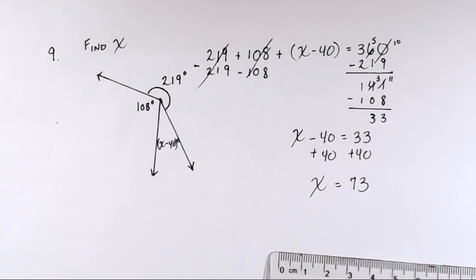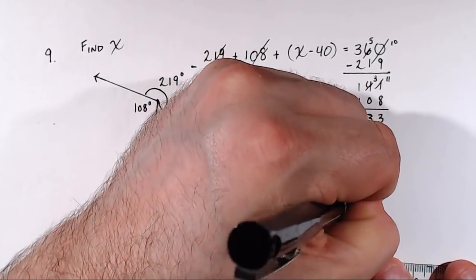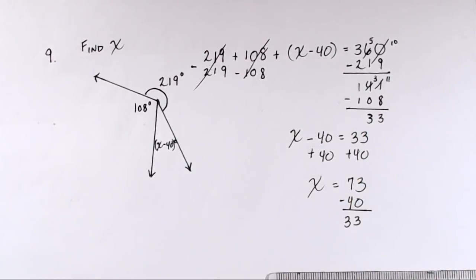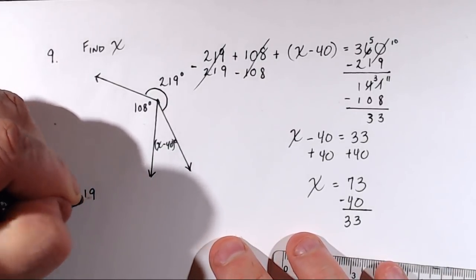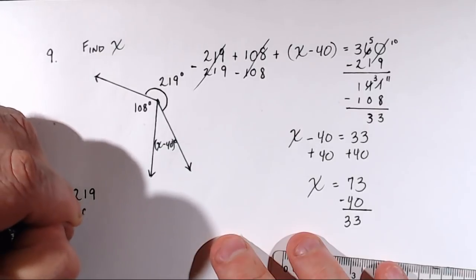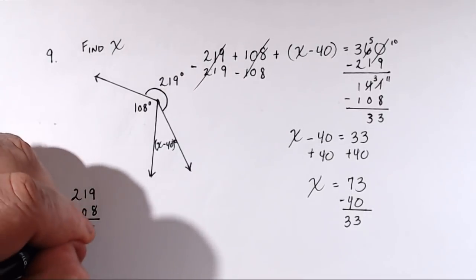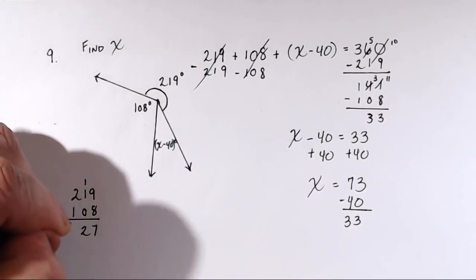We can check that to make sure it is true by saying, what is 73 minus 40? 73 minus 40 should be 33. So if we put it in there, we test our equation: 219 plus 108, what do I get? 9 plus 8 is 17, carry the 1, 2, and 3.